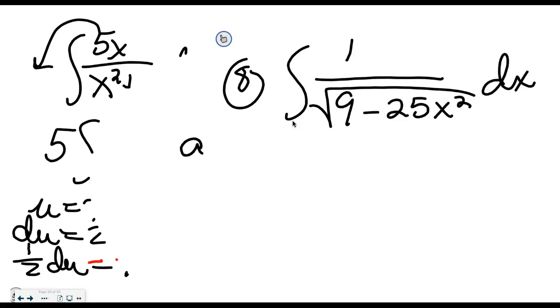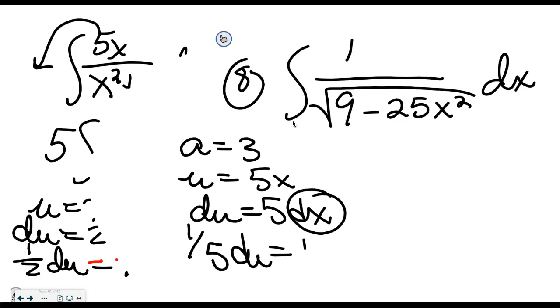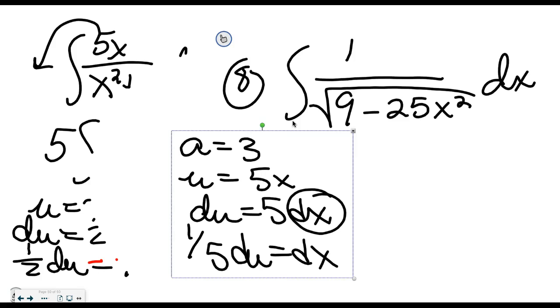So who's your a? 3. Who's your u? 5x. Who's your du? 5dx. What's dx? That's what I'm afraid of. When it's just an x, du is dx, so you're fine.